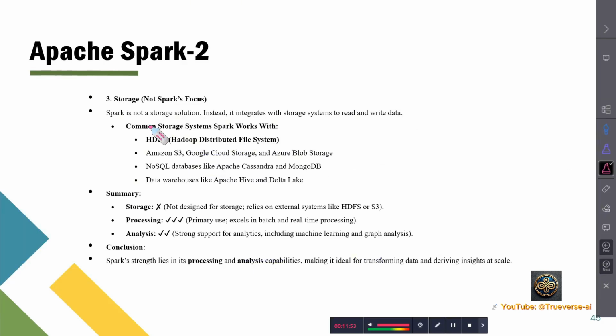As I explained, Spark does not focus on storage.